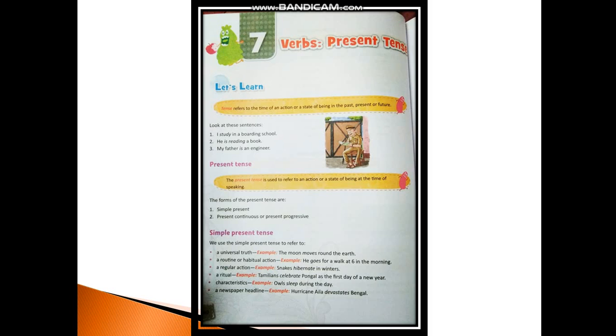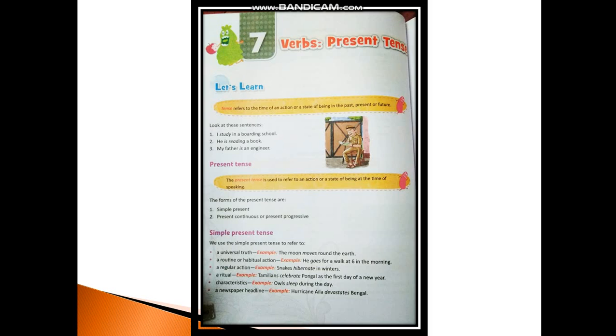Characteristics, for example, owls sleep during the day. You must be aware that owls sleep during the day, so that's the characteristic of owls. Okay, and you can identify them with this characteristic.